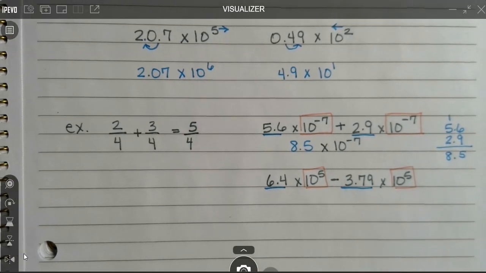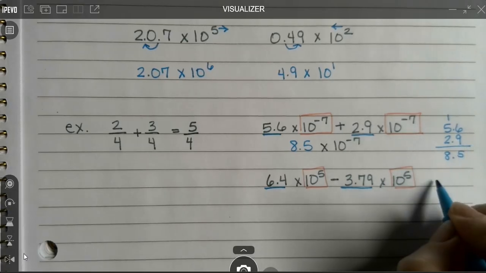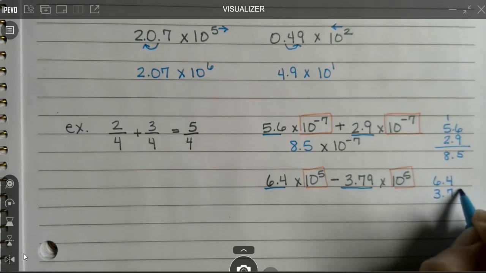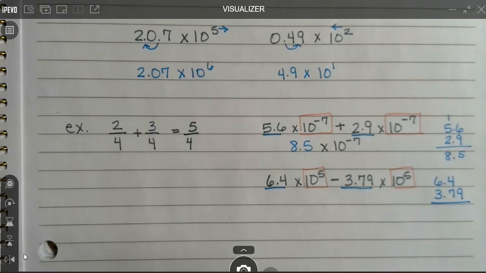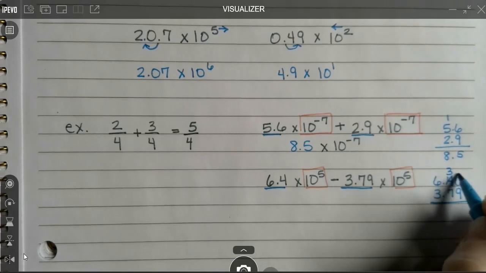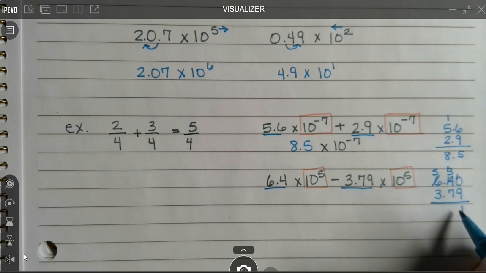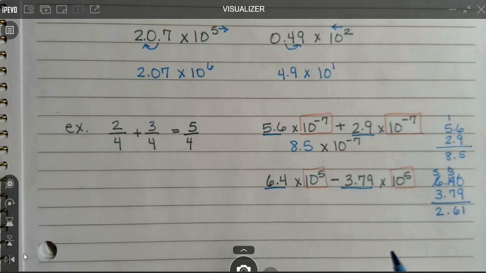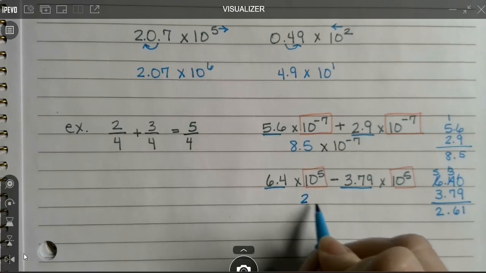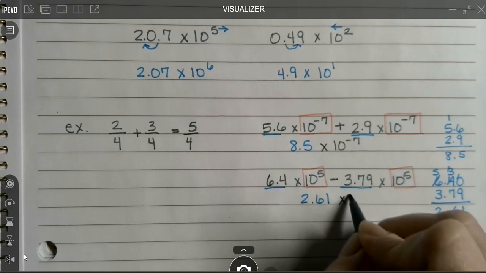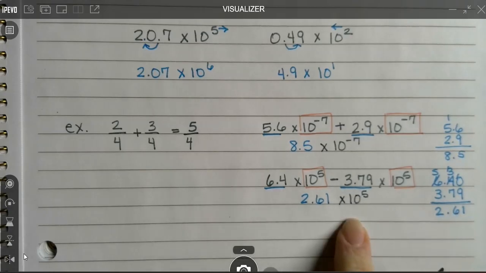You can maybe do that in your head, or you can punch it in your calculator, or if you have to do scratch work, remember that your decimals have to be lined up whenever you add or subtract, which means in this case, we're going to have to stick a 0 in there as a placeholder. 10 minus 9 is 1, 13 minus 7 is 6, and 5 minus 3 is 2, and our decimal comes straight down. So we end up with 2.61 times 10 to the 5th. We just keep that power of 10.